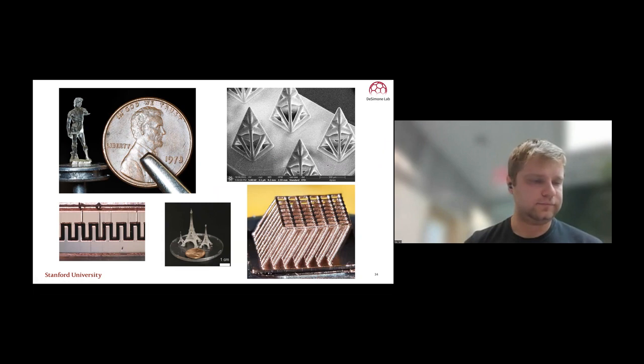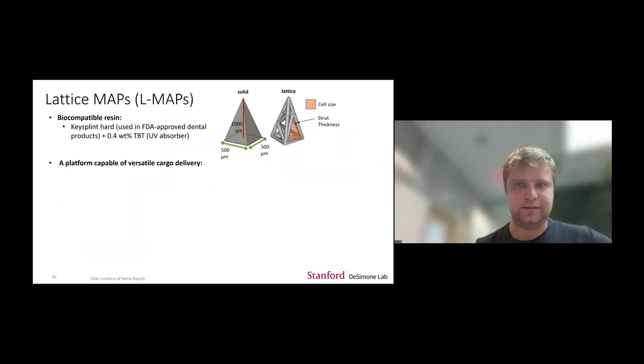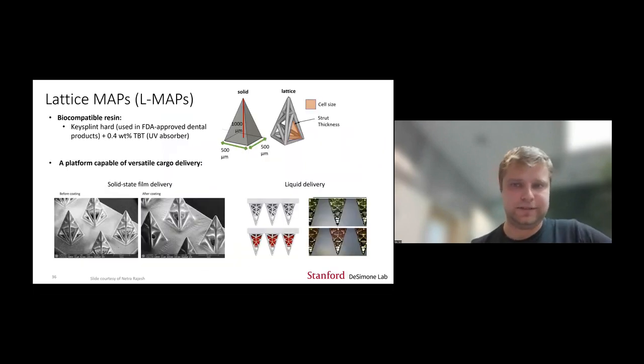And I will briefly mention that we're able to print these microneedles that can deliver drugs through the skin to the area that has a high concentration of immune response cells.